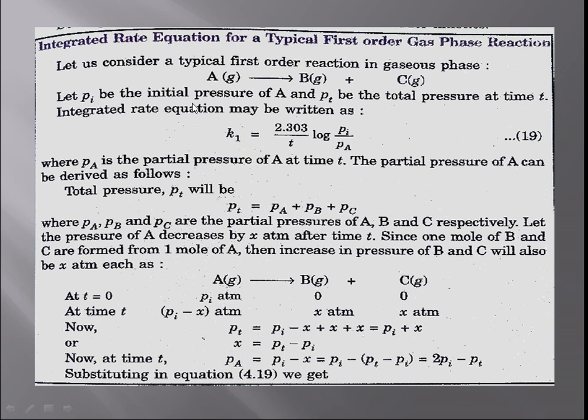Let Pi be the initial pressure of A and Pt be the total pressure at time t. The integrated rate equation may be written as K1 is equal to 2.303 upon t log Pi upon Pa.